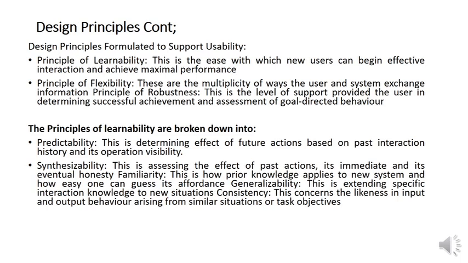This is the level of support provided to the user in determining success, achievement, and assessment of goal-directed behavior. Meaning that there must be a support level for the user in the development of such a system. Then the principles, let's break them down.